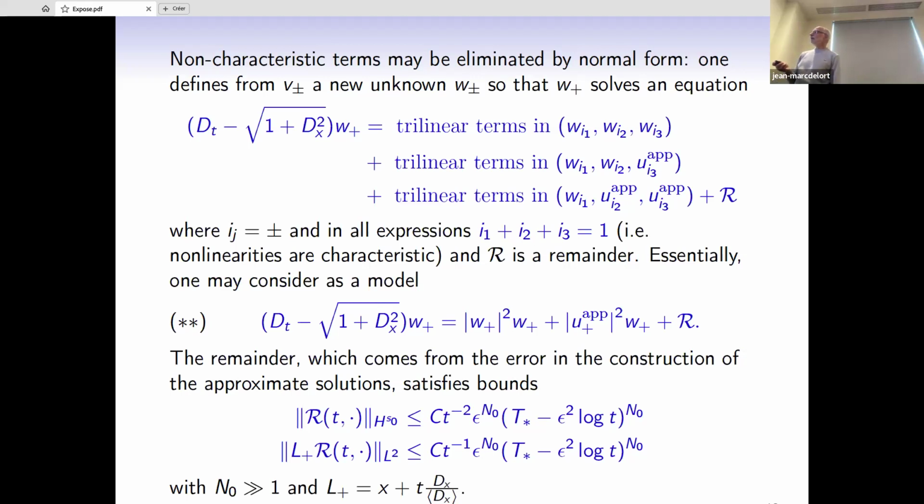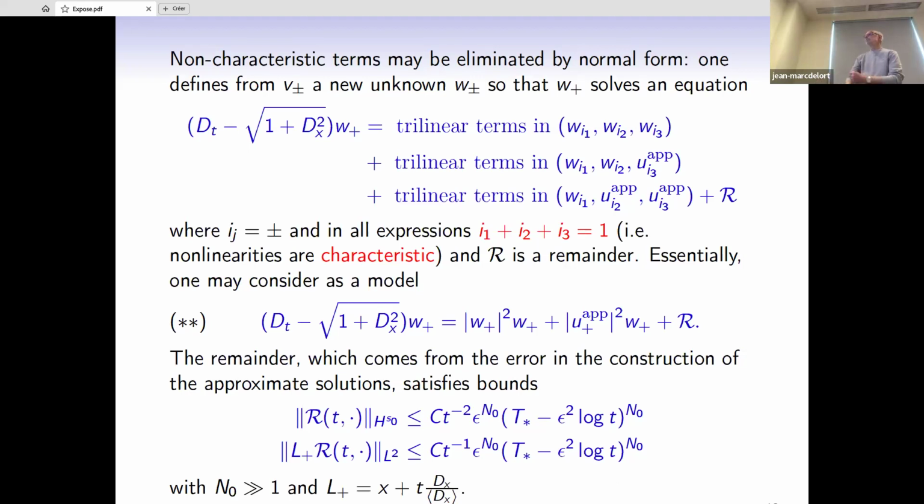The linear terms being now all characteristic ones. By this, I mean that the indices I1, I2, and I3 satisfy I1 plus I2 plus I3 equals 1. And the remainder contains some quintic perturbations, and it contains also the error coming from the fact that the approximate solution is approximate and not an exact solution.